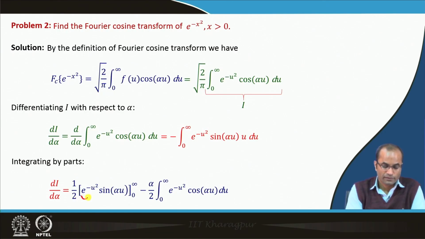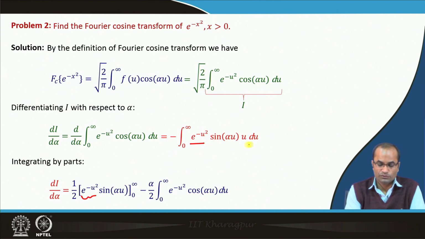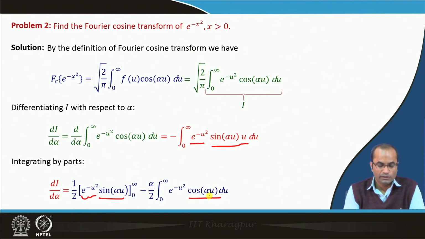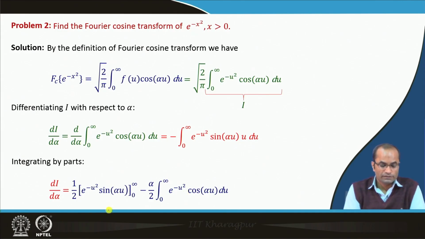So, that will be the integral of e power minus u square into 2u, and then this sin alpha u as it is, and in the second case here the sin will become cos alpha u, and then we have this alpha from here. So, that is already there now, and e power minus u square. So, that is the result of this integration by parts.